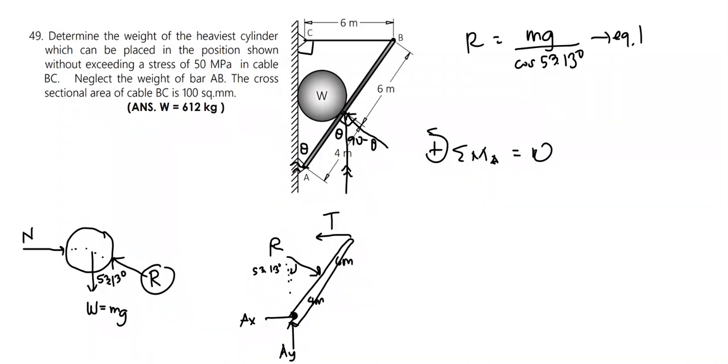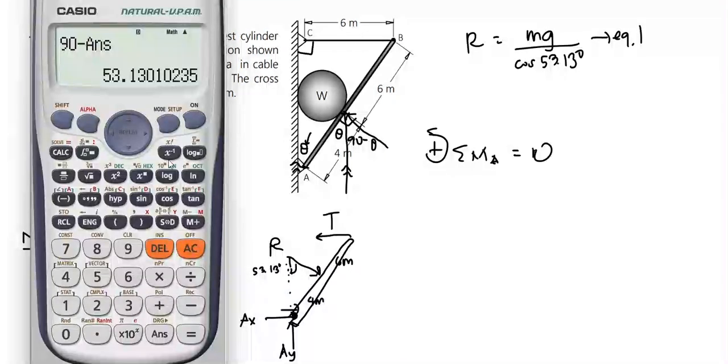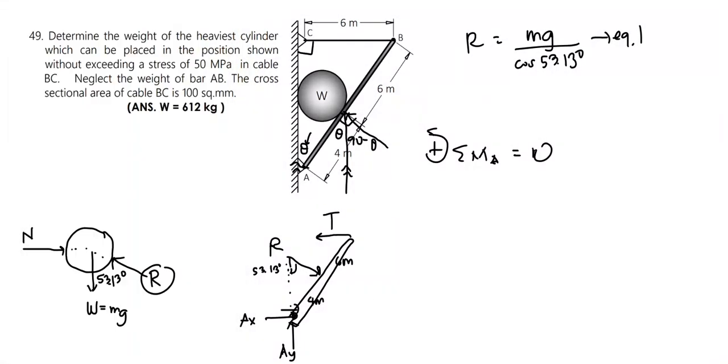Therefore, knowing that this angle here is 53.13 and this angle theta, which we solved earlier, is equal to 36.87, we can solve for the vertical distance, that is the moment arm of T, equal to 6 plus 4, 10 meters, cosine of 36.87 degrees.